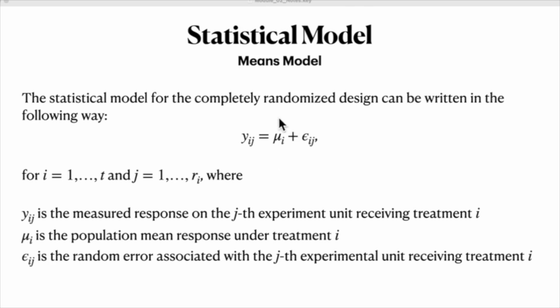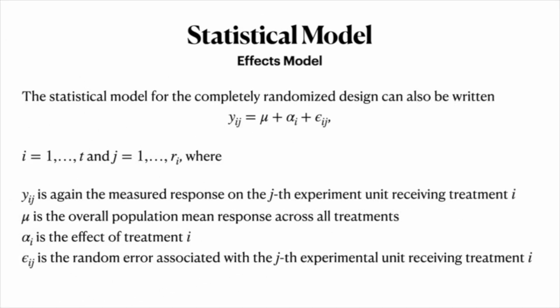There's variability around the mean, whatever it happens to be, for that treatment. And that variability is accounted for in the model by the error term. In other words, the deviation of the response from the treatment mean is accounted for by the error term here. Okay, and so that's what each of those components mean.